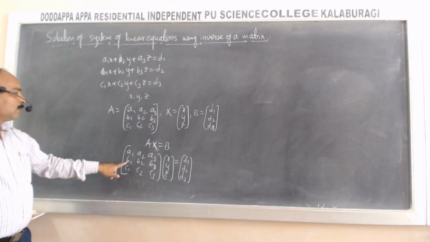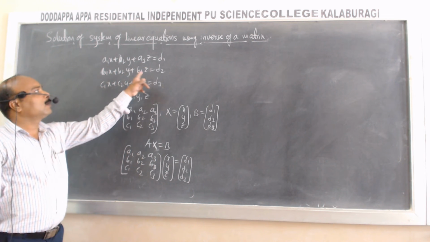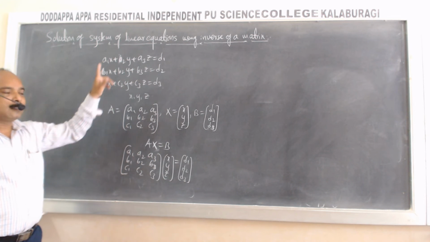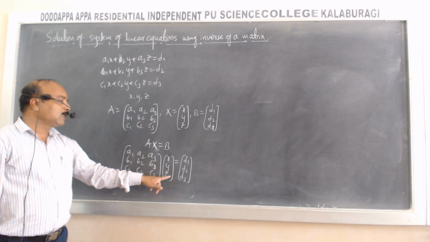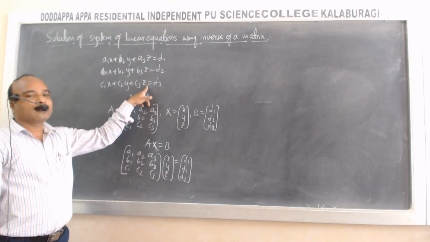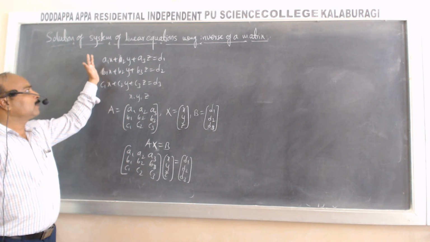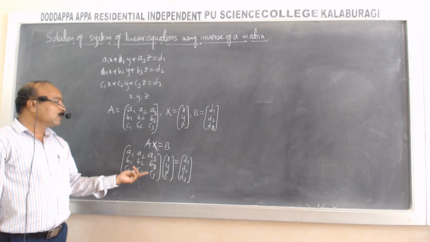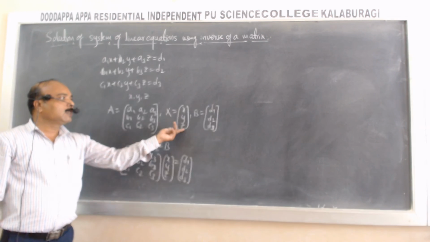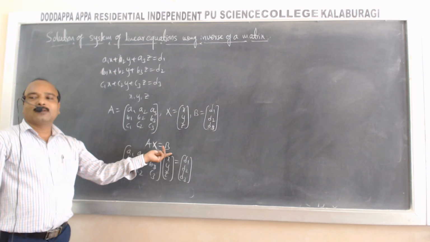Similarly, the second row gives b1x plus b2y plus b3z equal to d2, the second equation, and c1x plus c2y plus c3z equal to d3, the third equation. So we convert the linear system of equations into matrix form with three matrices: A, X and B. The relation between them is AX equal to B.